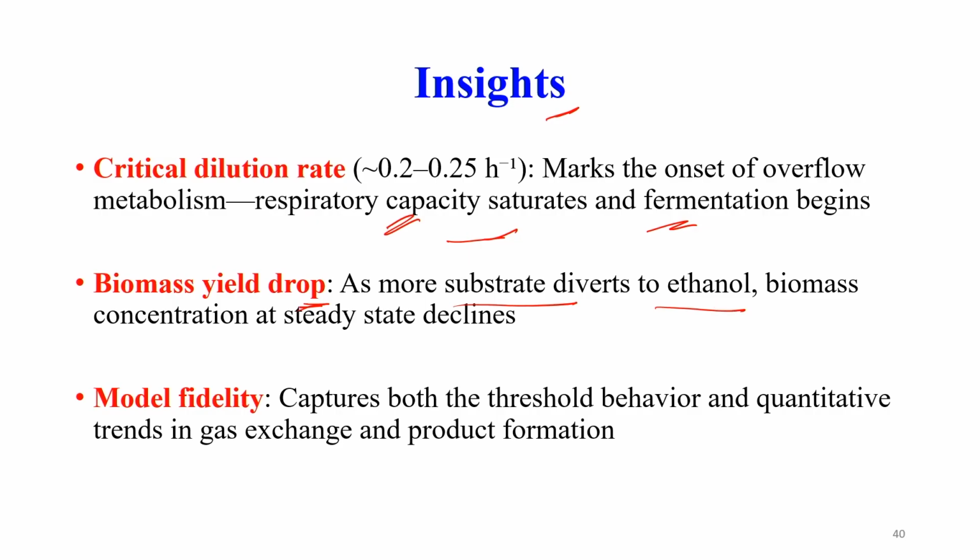So, in respiration biomass is produced, in fermentation ethanol is produced, and the model captures both the threshold behavior and the quantitative trends of gas exchange as well as product formation.